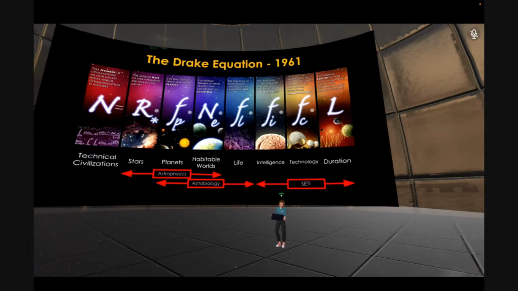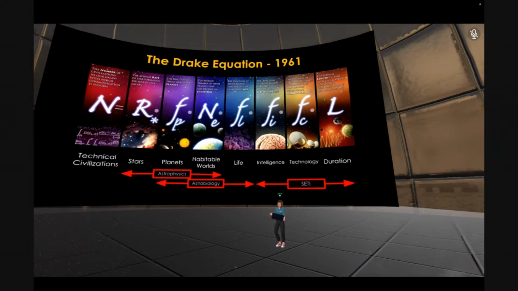And so down at the bottom of this slide, we've highlighted the different broad science disciplines that are investigating each component of this equation. Some of the more basic ones, the rate of star formation and the fraction of stars that host planets, that's the domain of astrophysics.